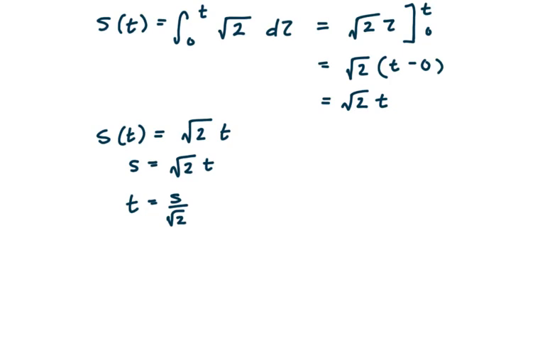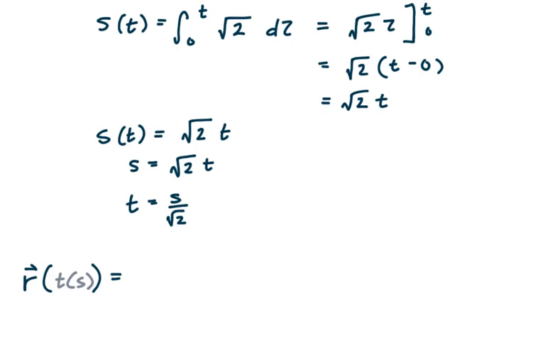So now, going back to the vector we started with, r of t, if we define t to be s over root 2, we're basically saying r of some function t in terms of s. And we can redefine that.